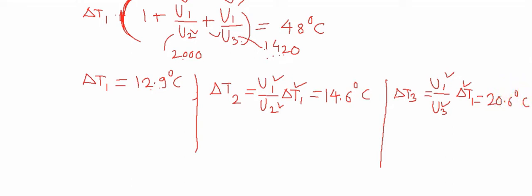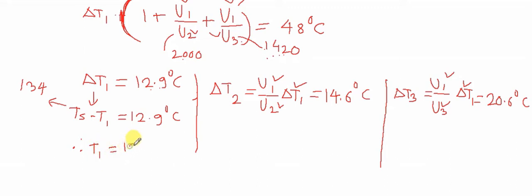Now we will use this temperature difference. Delta T1 means Ts minus T1, and Ts minus T1 is 12.9 degrees Celsius. We know Ts is 134, and from this you will get the value of T1: 134 minus 12.9, and that value will be 121 degrees Celsius.